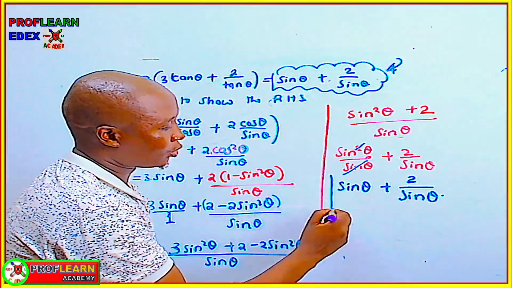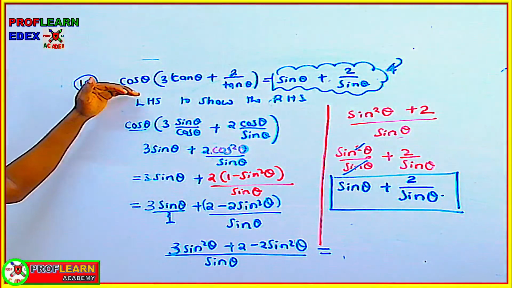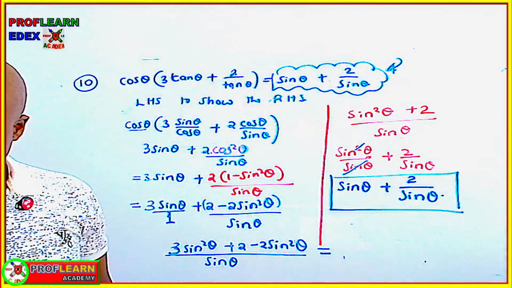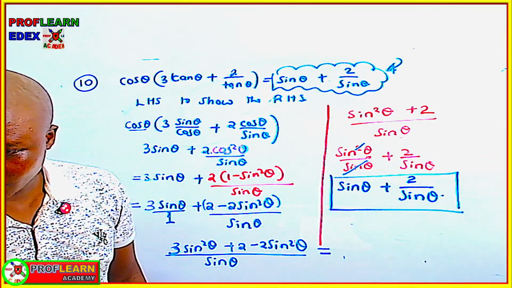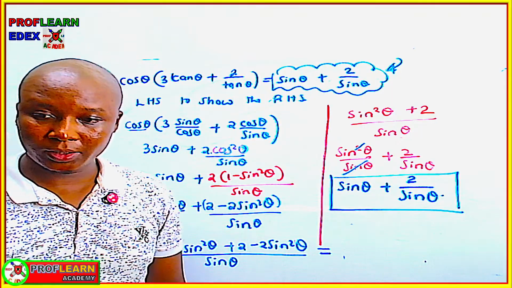So we have shown that this part can be written in this format. That's exactly what you are supposed to show. That's how you are supposed to go about it.